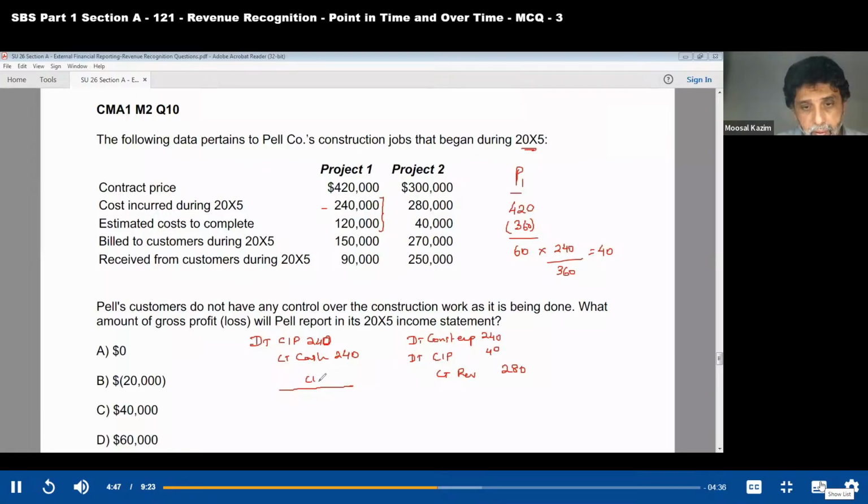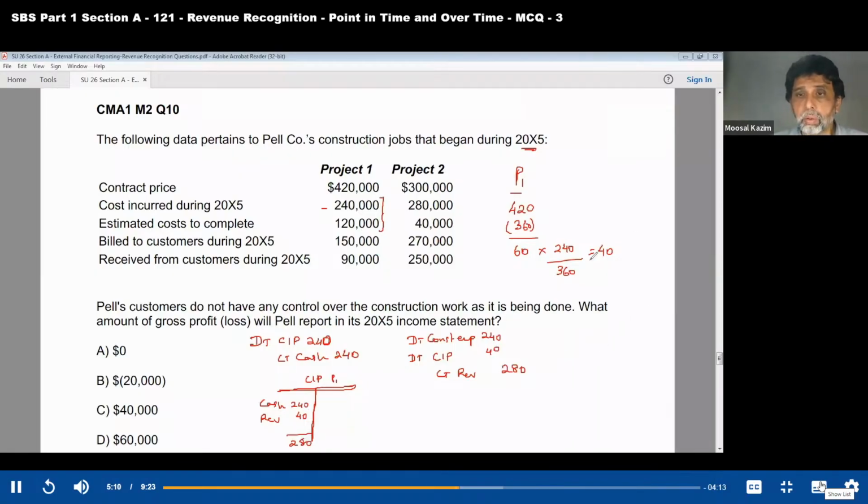I'll put the CIP for project one. Again, I'm telling you, we don't have to do all this for the exam. It is for your understanding. Okay. So cash 240, revenue 40. So this is project one, 280, right?